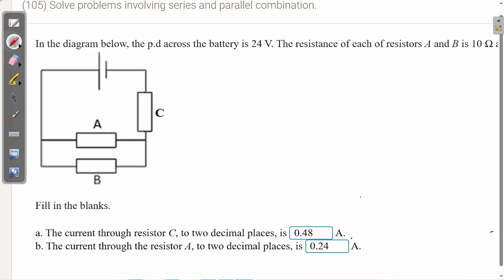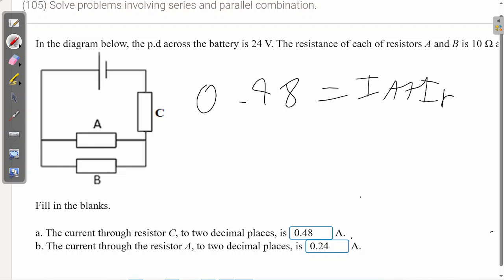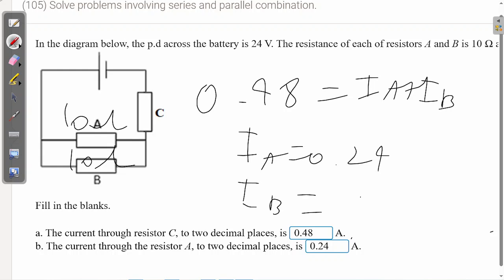So basically, current in C, which is 0.48, is equal to current of A plus current of B. But look, since we have the same resistance here, 10 and 10, we can just divide it by 2. Divide the resistance. So I_A is equal to 0.24 and I_B is equal to 0.24.